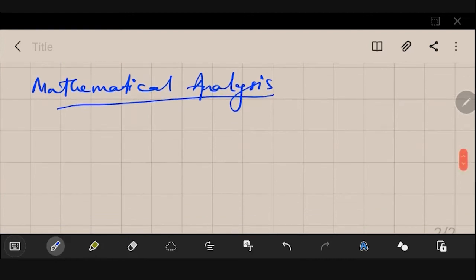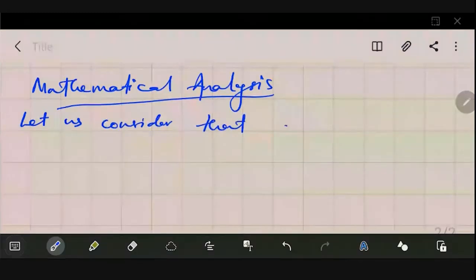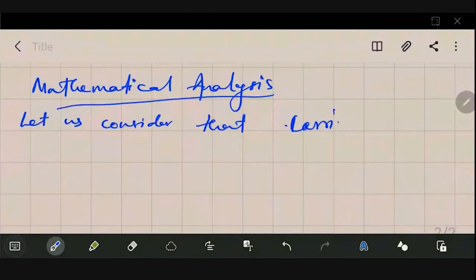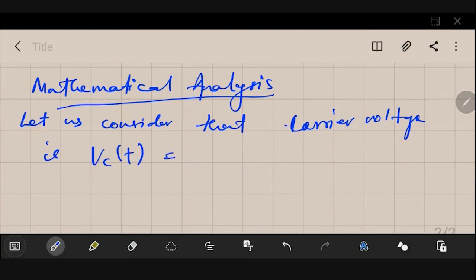So let us take the carrier voltage. Let us consider that the carrier voltage is Vc(t), which is equal to Ac cos ωct. This is what we were taking earlier also.